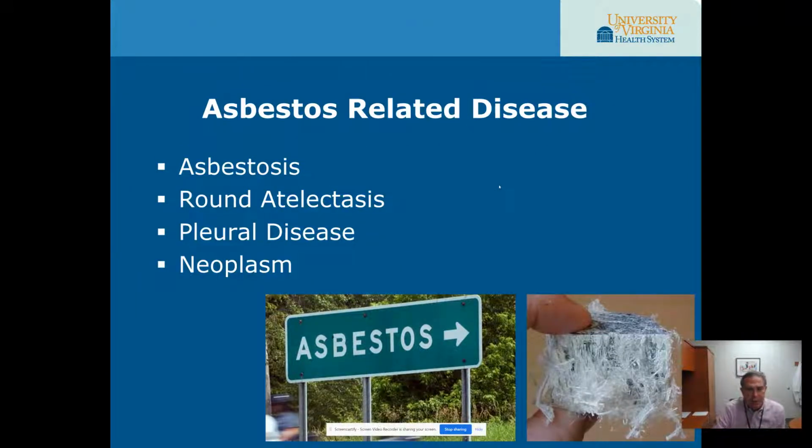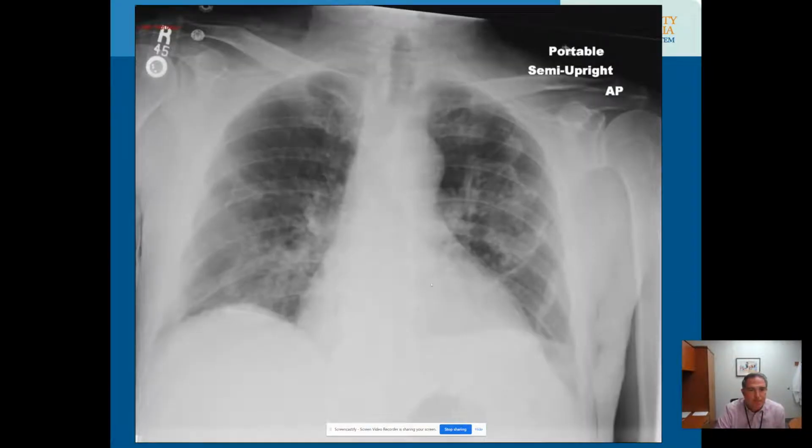We'll move into asbestos-related disease. We'll talk about asbestosis, which is very specific. We'll talk about round atelectasis, pleural disease, and neoplasms. On the radiograph, at first glance, you might think this is a multifocal pneumonia, but when you start looking at the opacities, they're very well defined, almost geographic, and pretty dense.